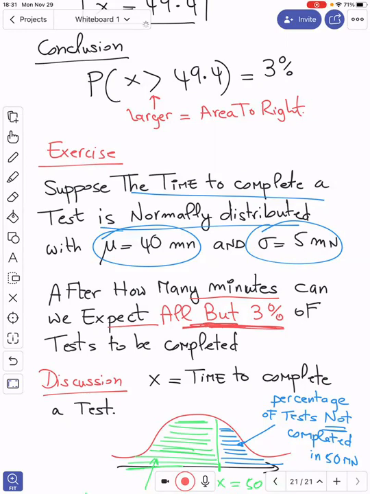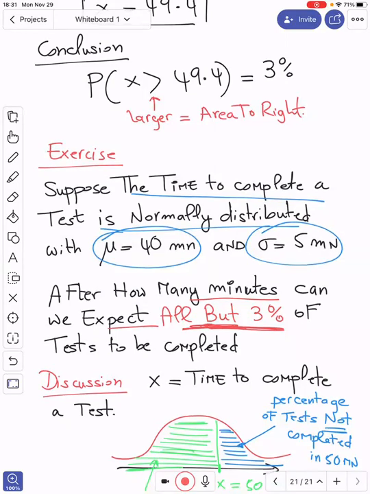So the time to complete the test was given. But here, the time is not given. What's given here is the percentage of tests not completed, so we need to find the corresponding time to complete the test.